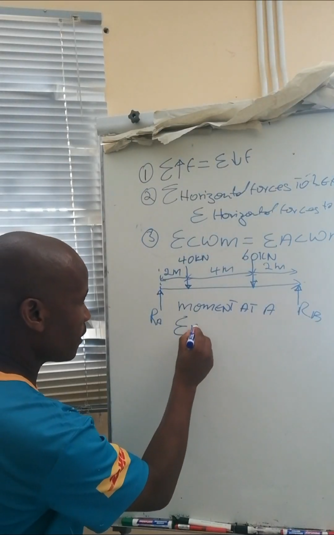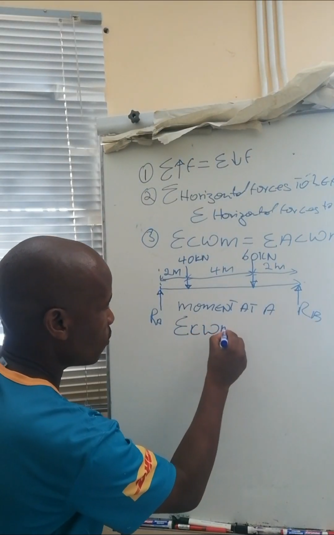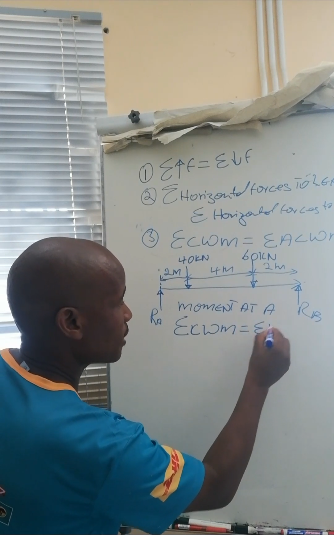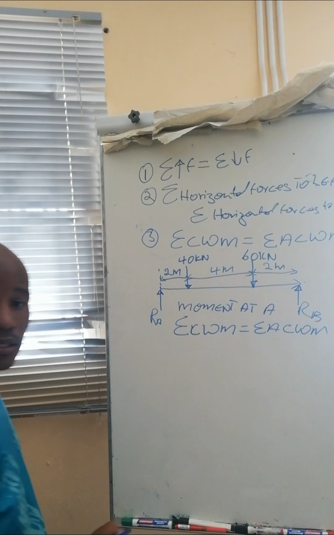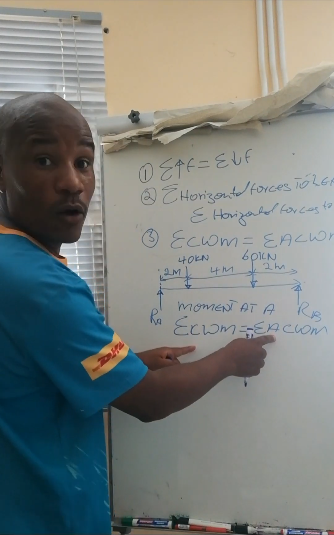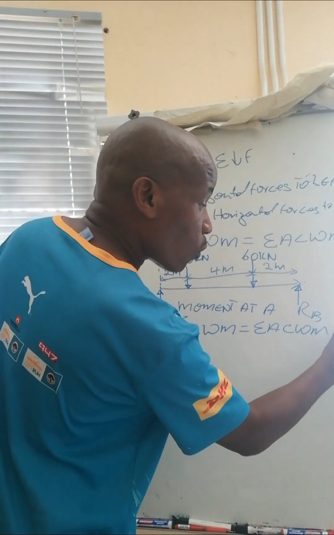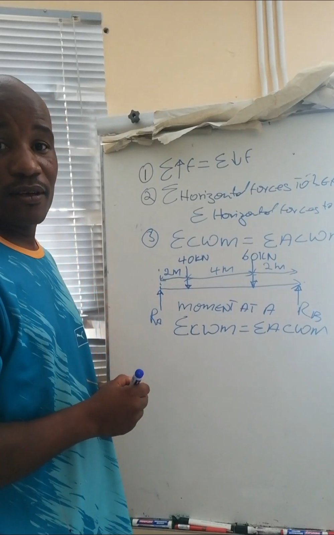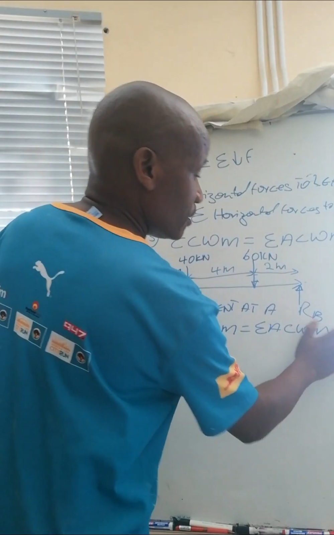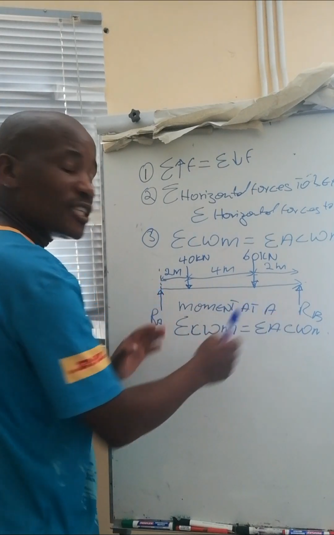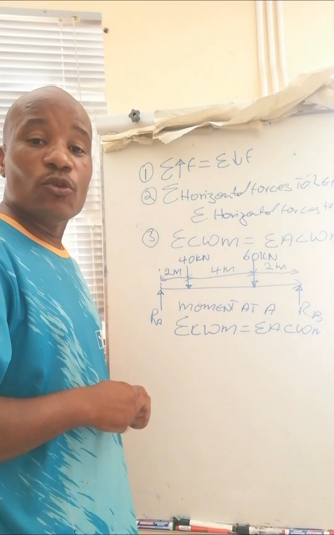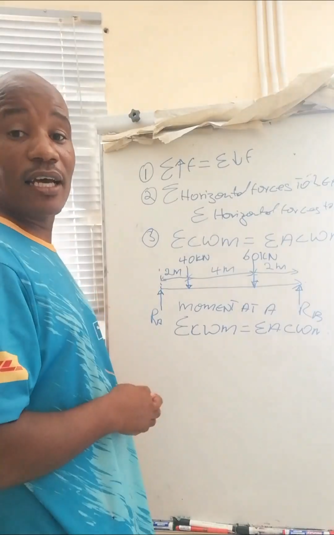The sum of the clockwise moments is equal to the sum of the anti-clockwise moments. You are solving this problem as if you are discussing with your lecturer.